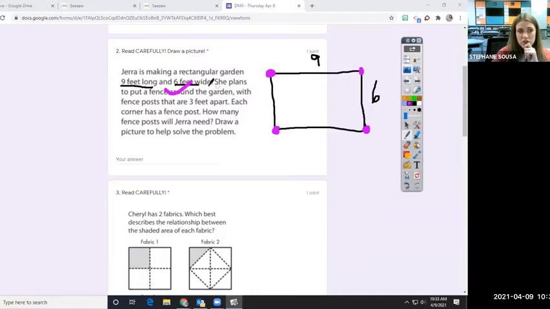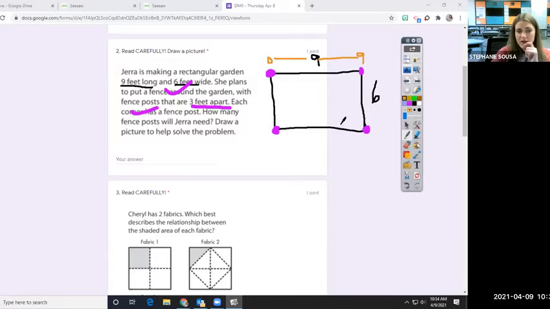Then she also plans to put a fence around the garden with fence posts that are 3 feet apart. So now we've got to put them every 3 feet as well, okay? We know on this rectangle that we have a side of 9. That means we're going from 0 all the way over to 9.